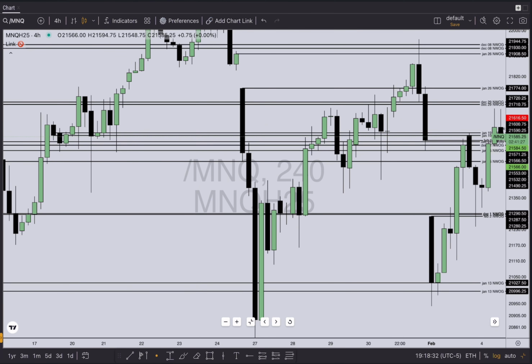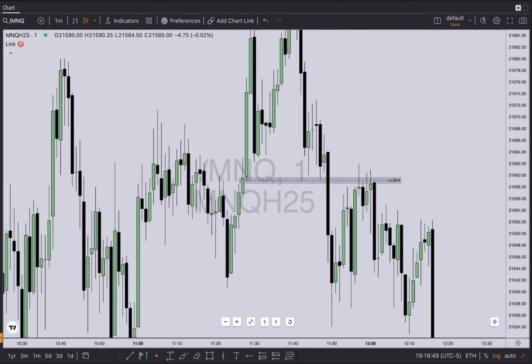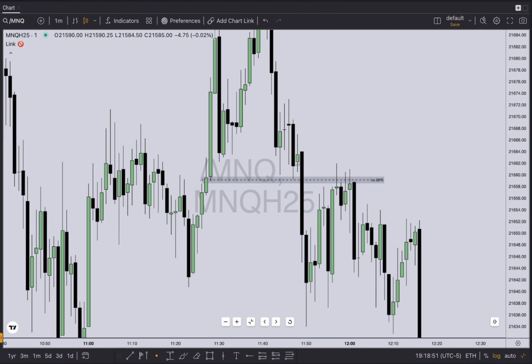I'm going to go on to the 1 minute chart and show you guys another example of this. So onto the 1 minute chart, we can see here how price pushes up, creates this fair value gap. You want to include the volume imbalance, right? Extend that through, you have this big sell side imbalance, buy side inefficiency.